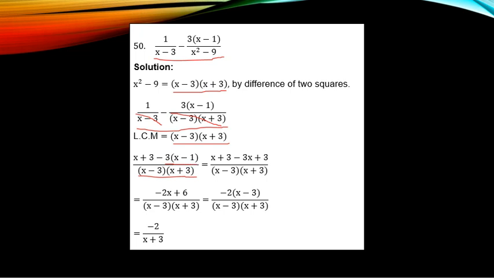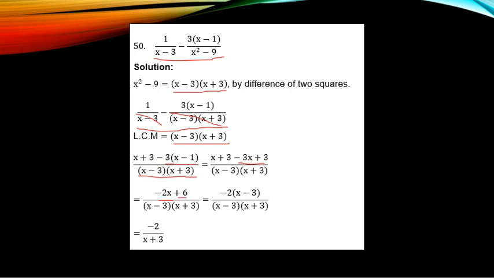If you open the bracket, you have s plus 3 minus 3 times s, you have minus 3s, minus 3 times minus 1, you have plus 3. So the next thing is to add. If you add the like terms, s minus 3s, that is minus 2s, you have plus 3 plus 3, that is plus 6.